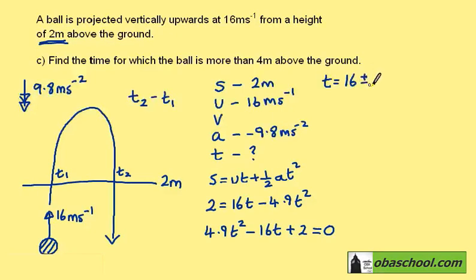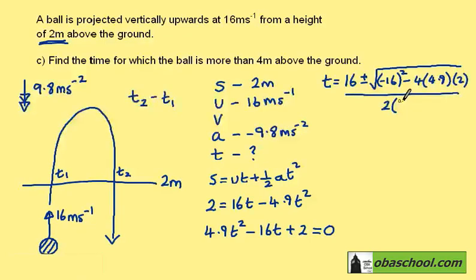So t is 16 plus or minus the square root of minus 16 squared, take away 4 times 4.9 times 2, all divided by 2 times 4.9.